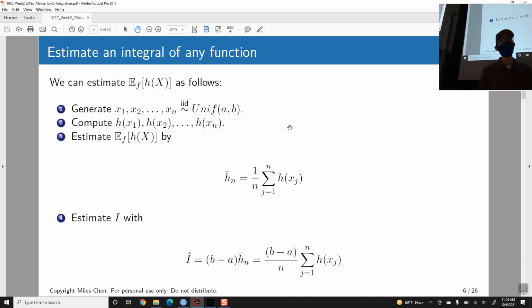In our case, the PDF is the uniform distribution. We can do this very easily in R because we have runif, which is very simple. We apply the function h to every single one of those values, and then we take the mean. Then we can multiply that mean by b minus a if we want, and that is our estimate of the integral.